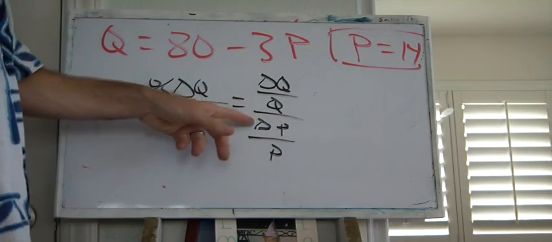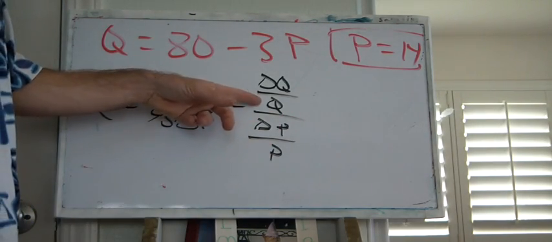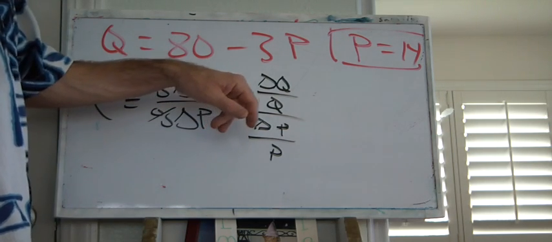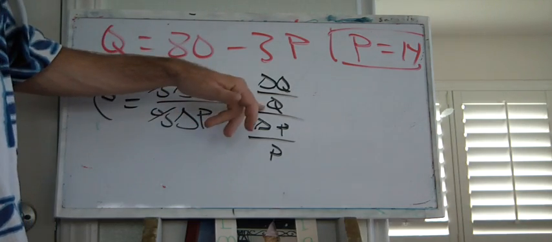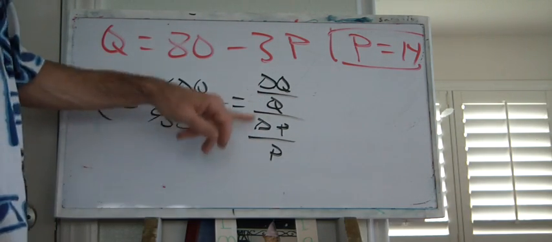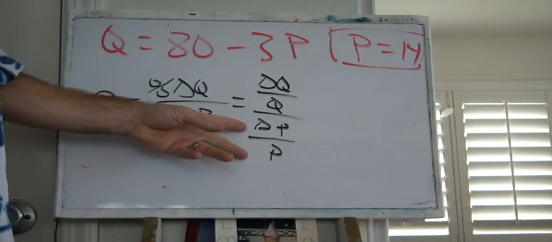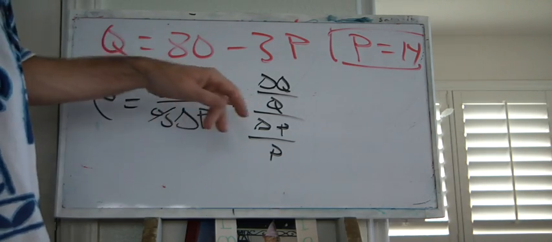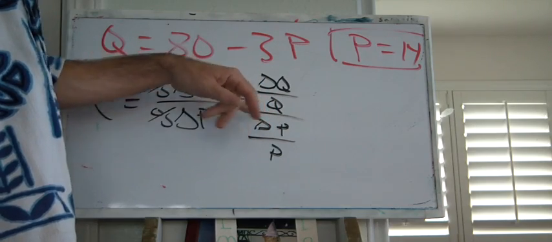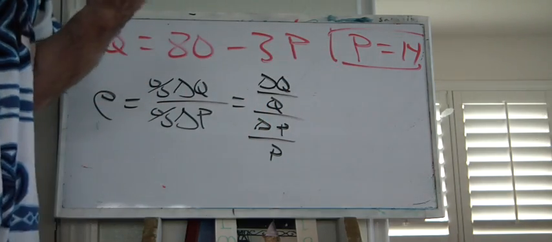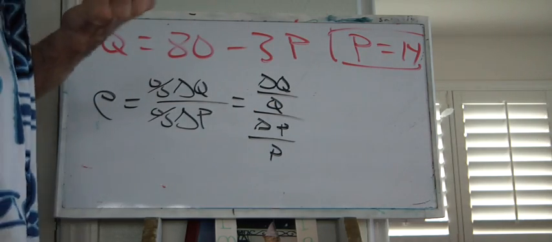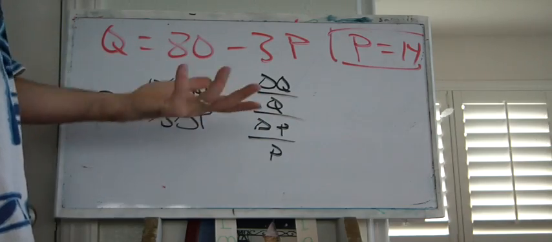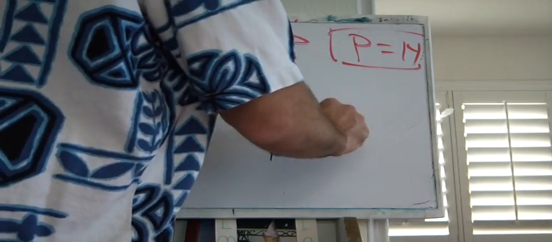Now if these changes are large, then you might use average quantity or average price. You might use the initial quantity and the initial price just to plug something into the denominator of this part or this part. What quantity is it? Some books will use average, some will say the original, and some will say, well, if you're just looking at a particular point rather than a discrete change, looking at an infinitesimal change, you can just use Q.